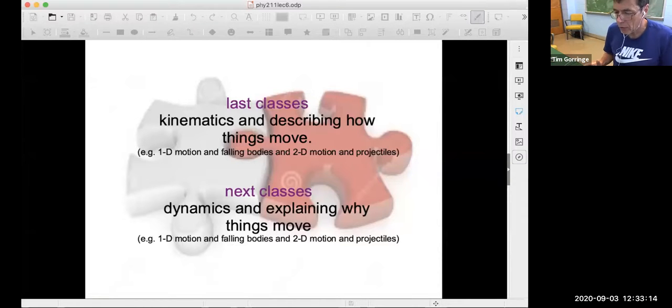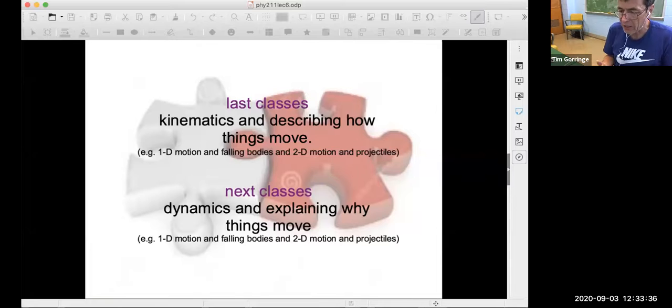Okay, so I'm going to get on with today's lecture. So we're making a transition today. We're moving from our work on what we call kinematics, the description of motion, to what we call dynamics, the explanation, understanding of motion.